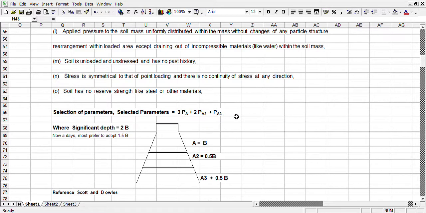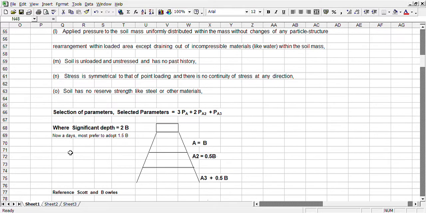They have recommended 3PA1 plus 2PA2 plus PA3. With this equation, all local small seams are also included, and we are considering up to 2B, which is called significant depth, from ground level to significant depth.